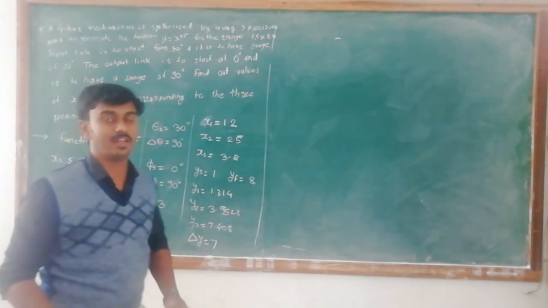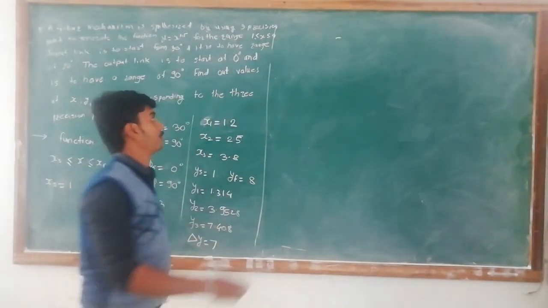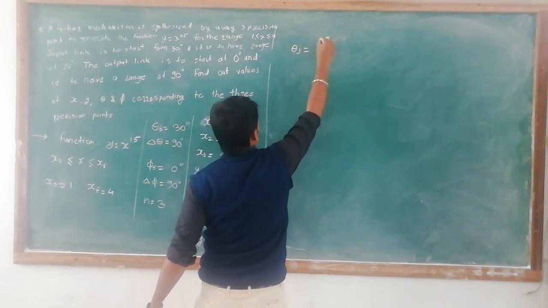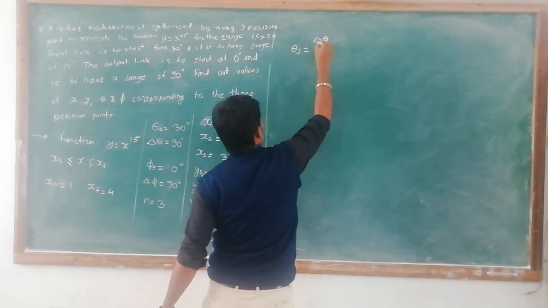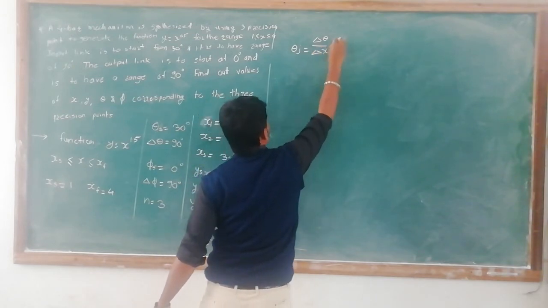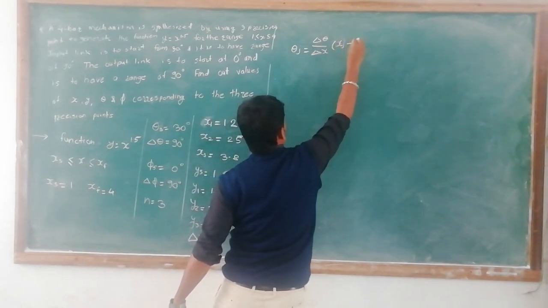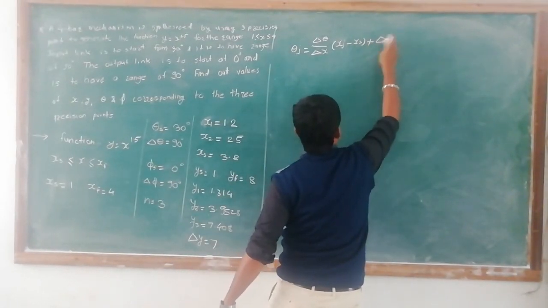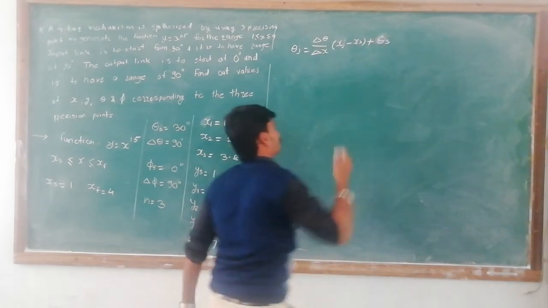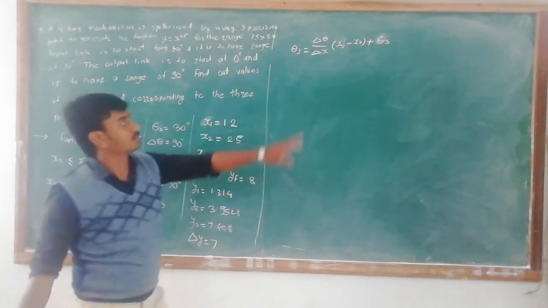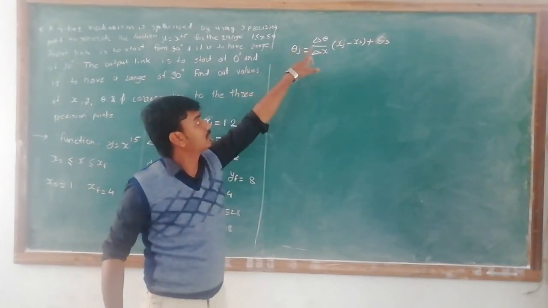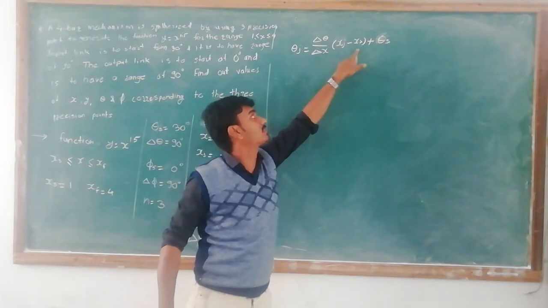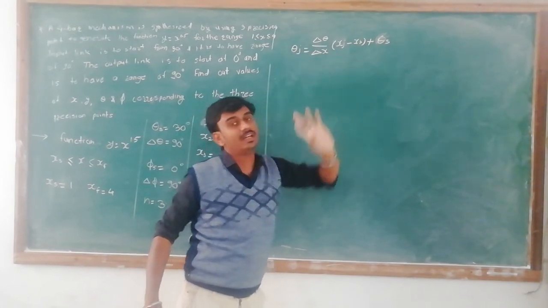Now we have to find out the values of theta 1, theta 2, theta 3. We have a formula that theta j is equal to delta theta divided by delta x into (xj minus xs) plus theta s.